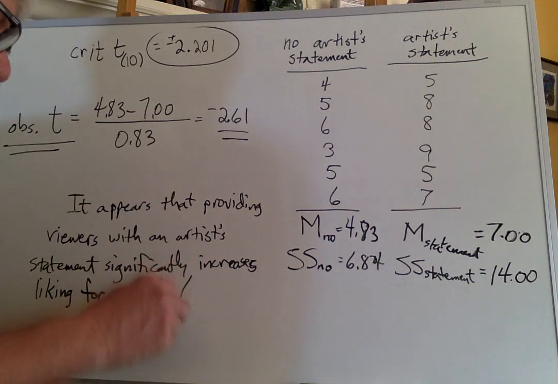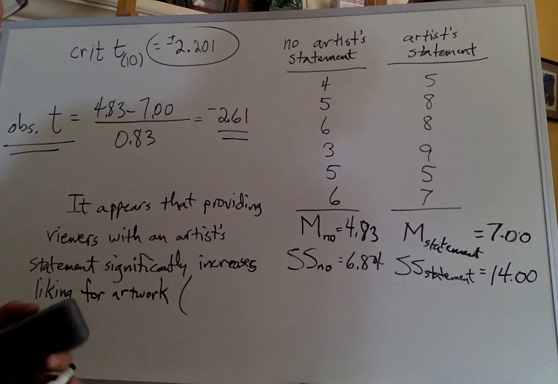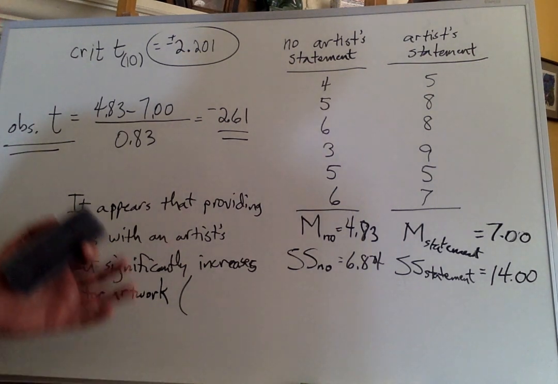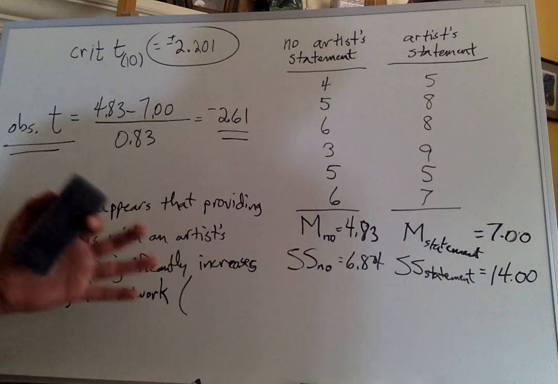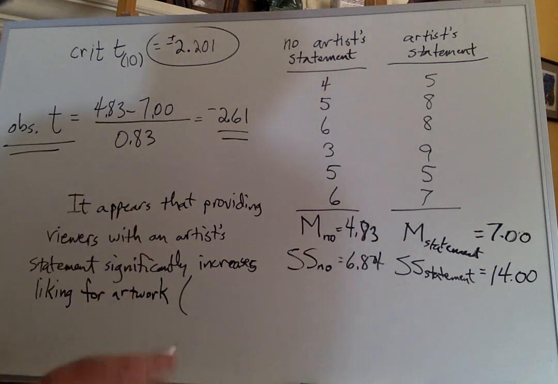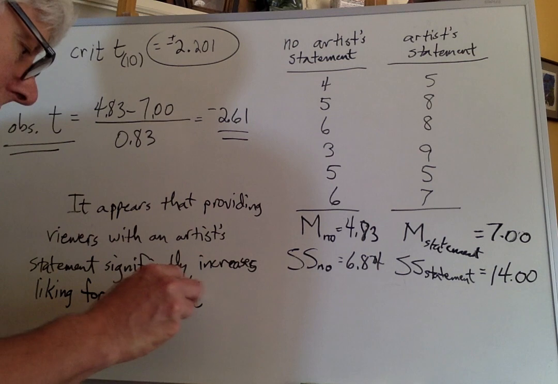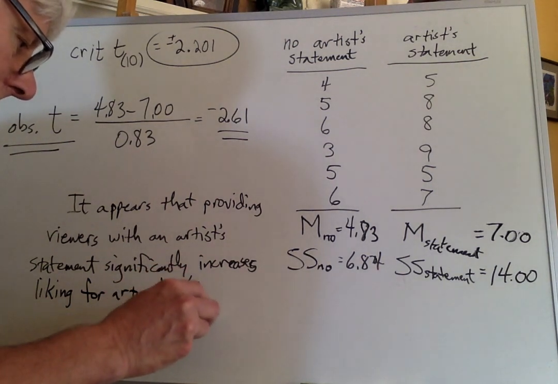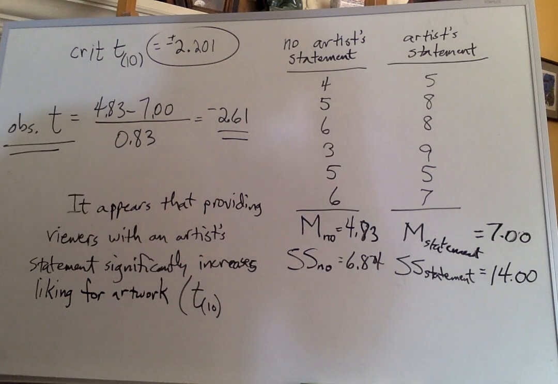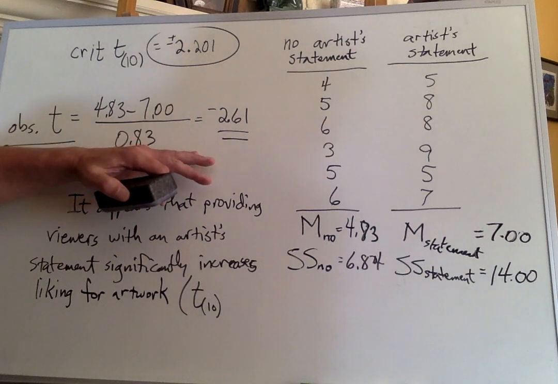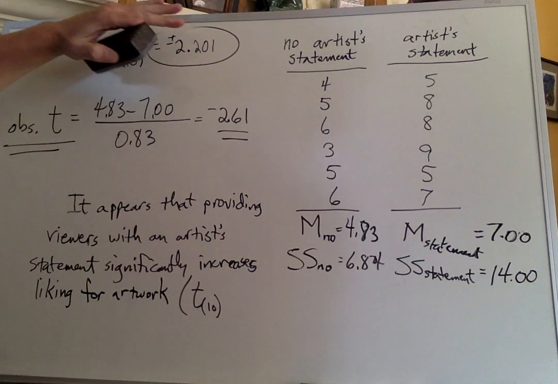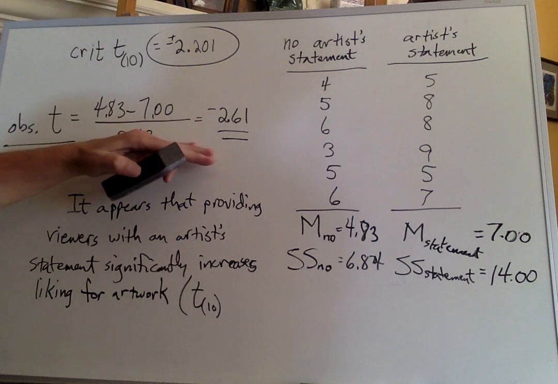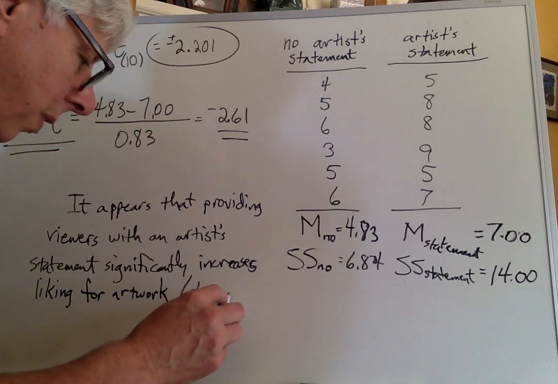And so I'm going to put in my justification for making this conclusion. The justification is the t with 10 degrees of freedom. And I'm going to report the observed t, folks. Don't report this. This is a reference number, okay? I'm going to report what I saw with my research.